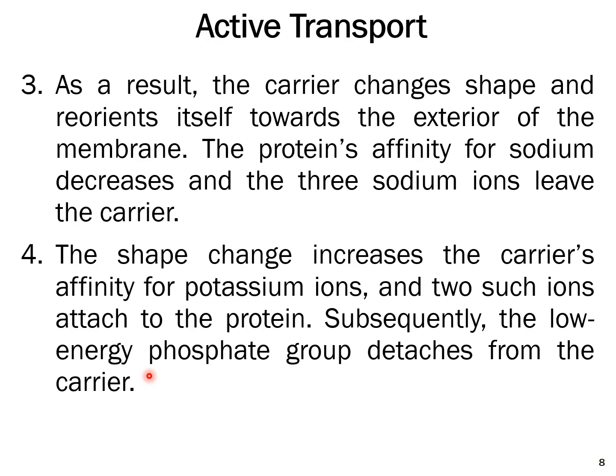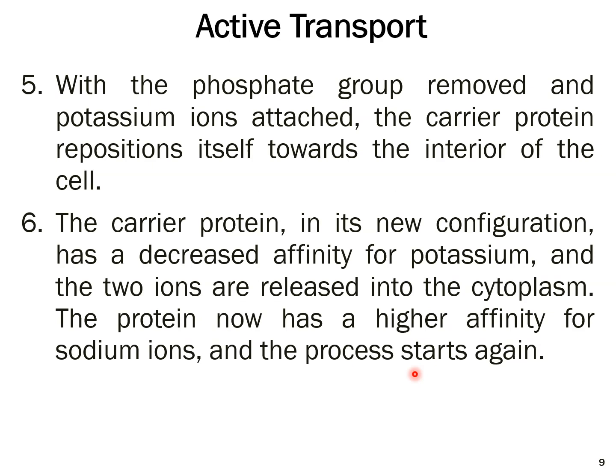Subsequently, the low energy phosphate group detaches from the carrier. When the potassium ions attach to the protein, the low energy phosphate group that was attached to the protein on the inside of the cell to release the ATP detaches from there.